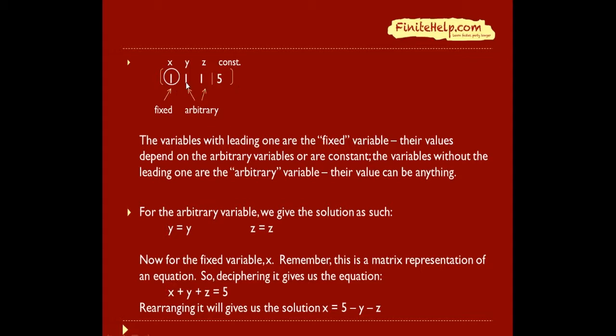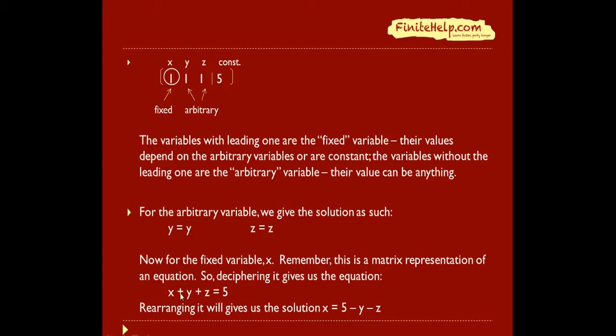Again, this equation reads x plus y plus z equals 5. So let's say you give me y equals 1, z equals 1. Then I can give you x equals 3, and this equation will work. Or you can give me y equals 2 and z equals 2, then I give you x equals 1, and this equation will also work. That's why there are an infinite number of solutions, and 2 of the variables are arbitrary because for those 2 you can give me anything, and I can make this equation work.